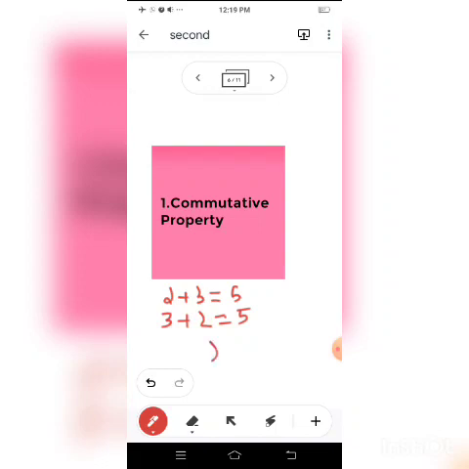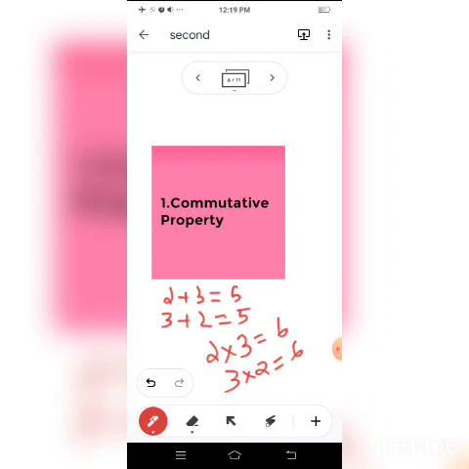The same property is satisfied for multiplication. 2 into 3 equals 6 and 3 into 2 equals 6.